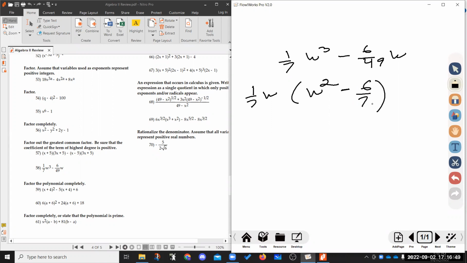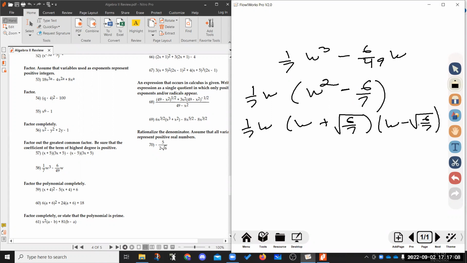So that's going to be 1/7 w, w plus root 6 over 7, w minus root 6 over 7.